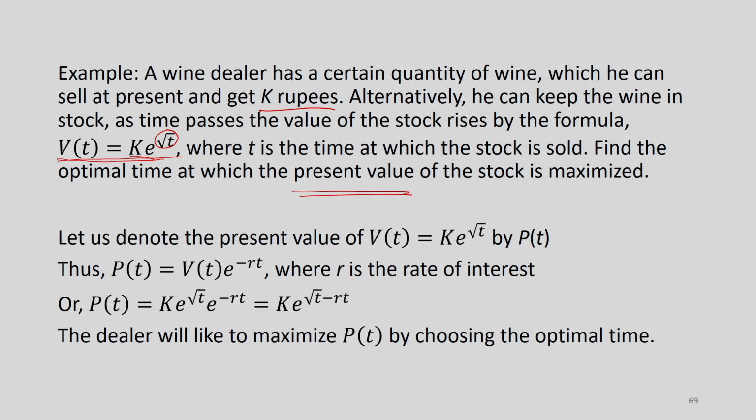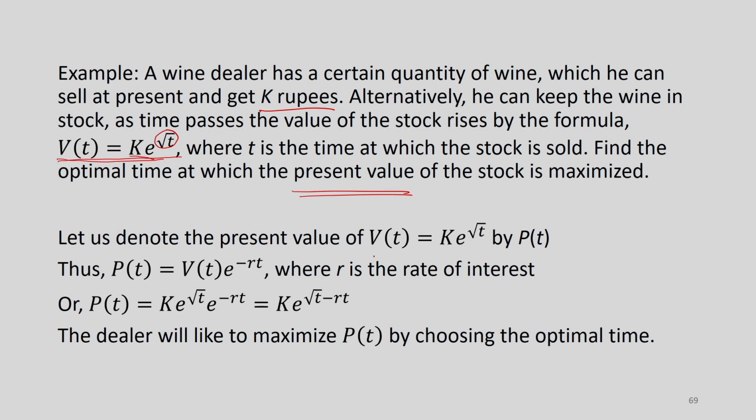That present value will be a function of time, small t, right. t is the point where it is being sold. He wants to solve the problem as to what optimal time t star, let us suppose, gives him the maximum present value. Okay, so that is the problem.